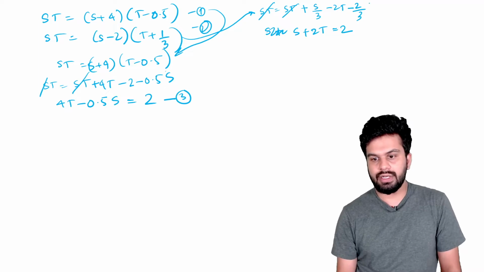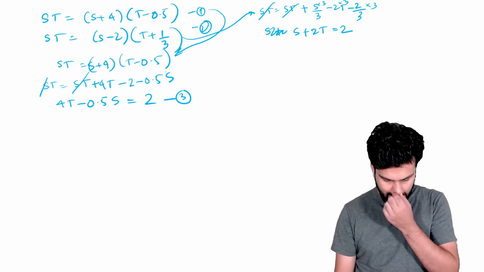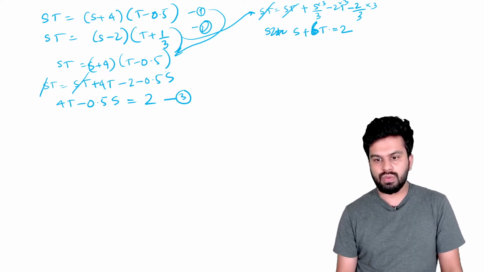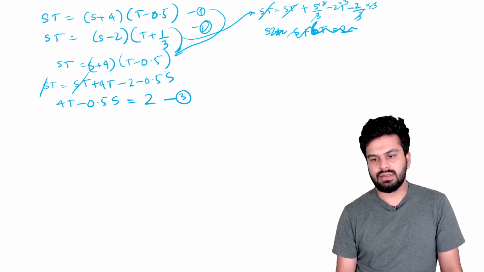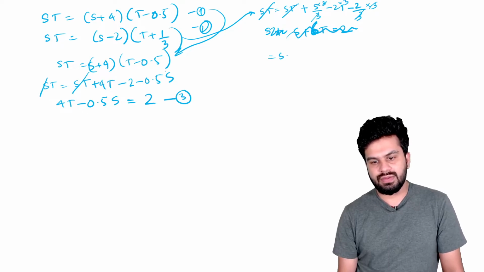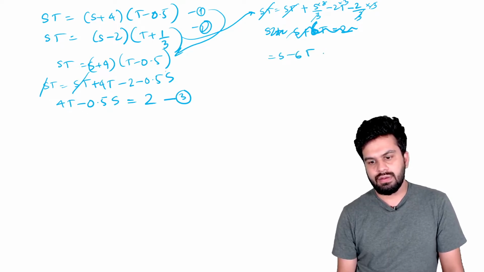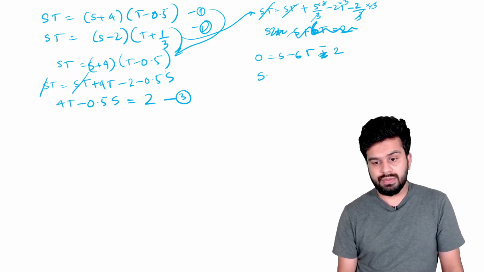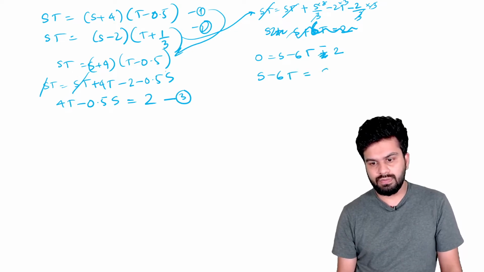So multiplying with 3, into 3, the equation is s minus 6t is equal to 2.